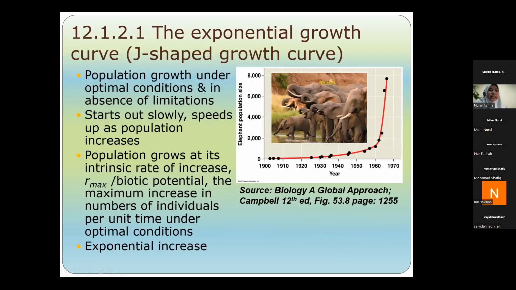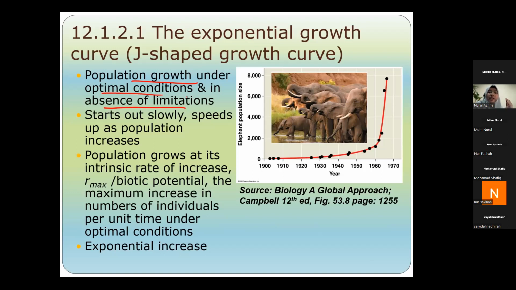Now let's look at the exponential growth curve in detail. The exponential growth curve is also known as the J-shaped growth curve. So in the exam, you can use both terms, exponential growth curve or J-shaped growth curve. Remember, a population can grow under optimal conditions, meaning in the absence of limitation.